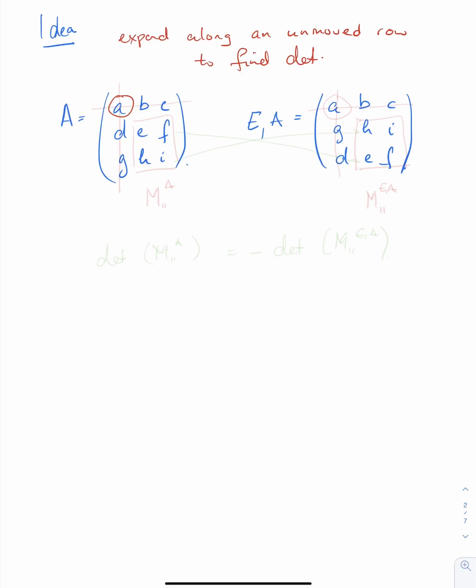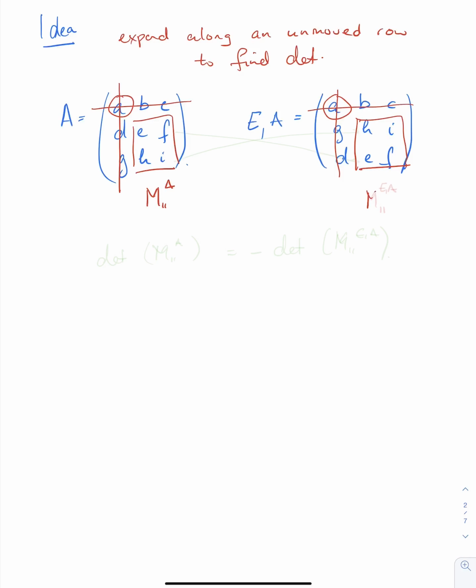In this case, the unmoved row is the top row, so we'll start from A and go left to right. So in the expansion of the determinant, we're going to take A as our coefficient, then ignore the column and row that it's in, and we're going to multiply by either a positive or negative multiple of the determinant of this matrix that's left, which is M11 in A. If I were going to do the same thing in E1 times A, I would start here and I would ignore the column and row that A is in, and then multiply by the determinant of the matrix that's left.